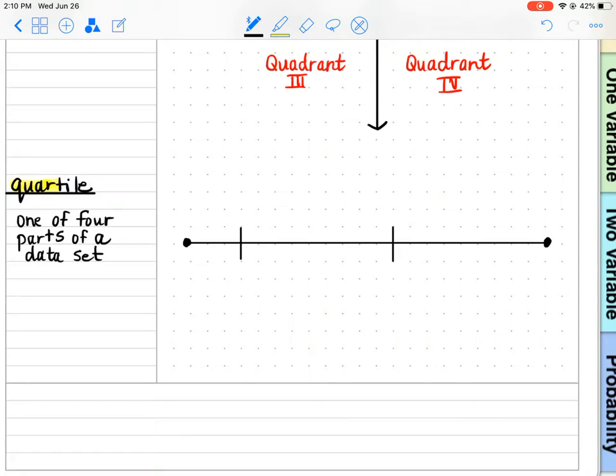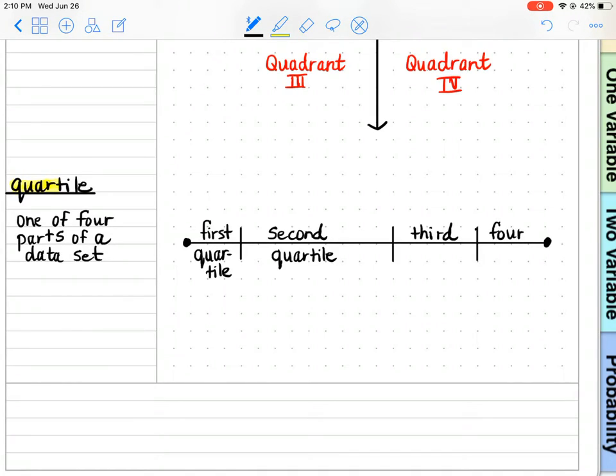If you have a line that looks something like this, you could have this called the first quartile. Here would be the second quartile. The third quartile, and the fourth.